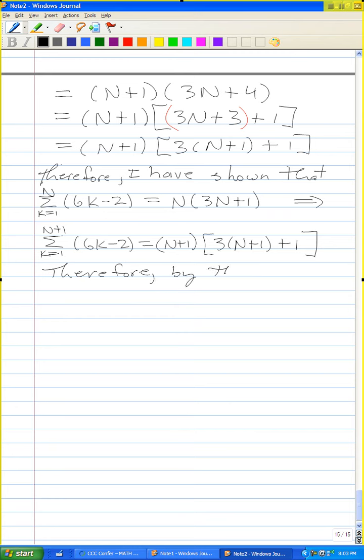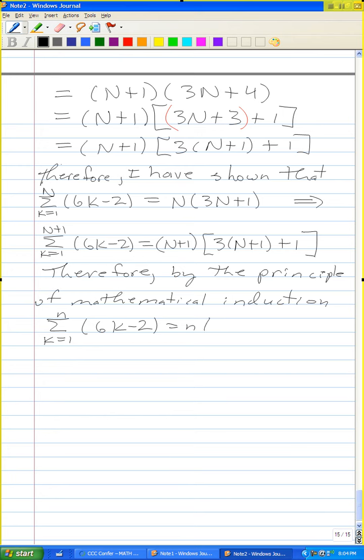Therefore, by the principle of mathematical induction, we have shown that, well, the sum k equaling 1 to n of 6k minus 2 equals n times 3n plus 1. And this holds for every natural number n.